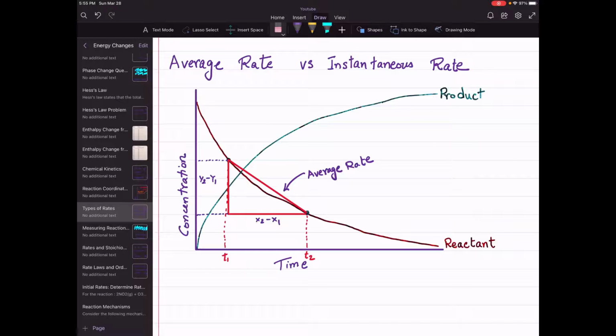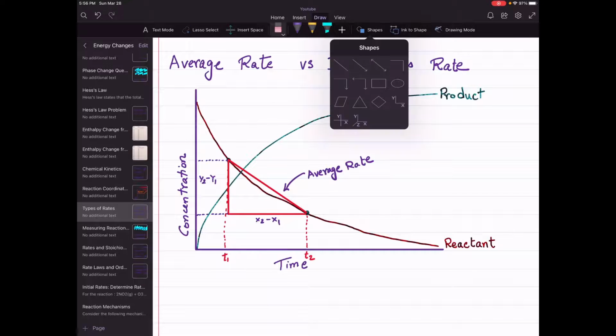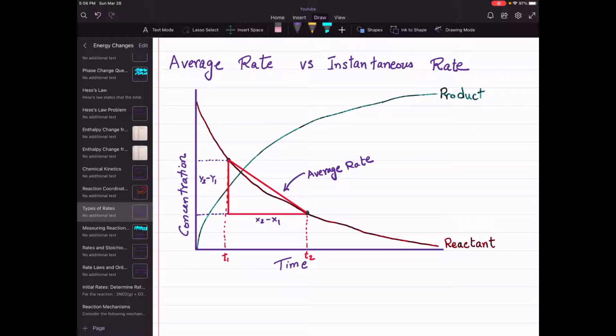Now, if we did not want the change over this long period of time between T1 and T2, and we wanted to know exactly what was the rate of change at T2, right? Instantaneous rate is at a specific moment. So at the point of T2, what was the rate? In that case, we will have to draw a tangent, and I'm going to attempt that here, there.